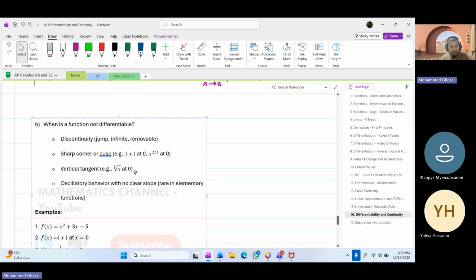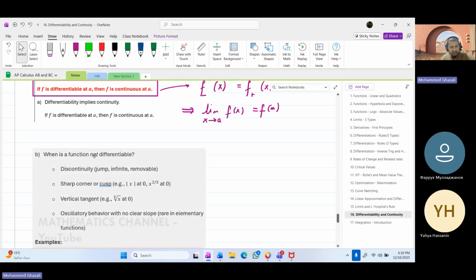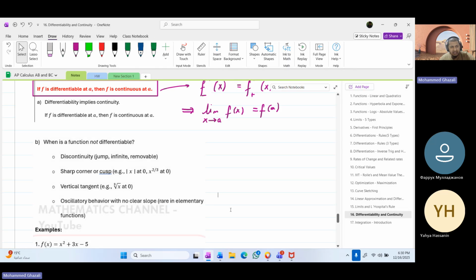So when is a function not differentiable? The functions are not differentiable when there is a jump, infinite, and removable discontinuities. You know what each of these discontinuities are. It's not differentiable at that point. It's also not differentiable when there's a sharp corner. What's a cusp? A cusp is like the absolute value of x. See the sharp corner here?